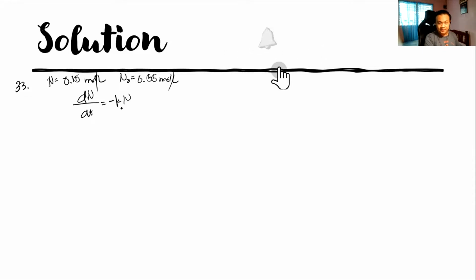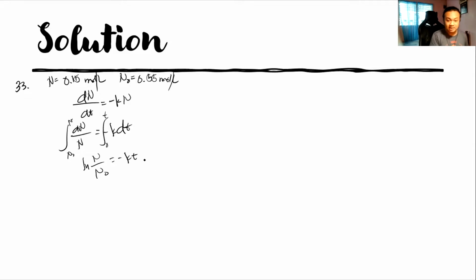So we can do variable separable: dN over N equals negative k dt. We integrate N0 to N, and 0 to t. So ln of N over N0 equals negative kt. That's how it is.